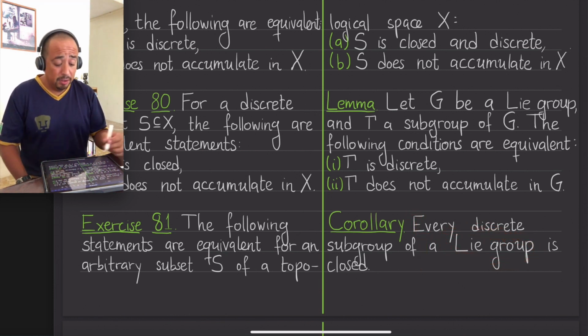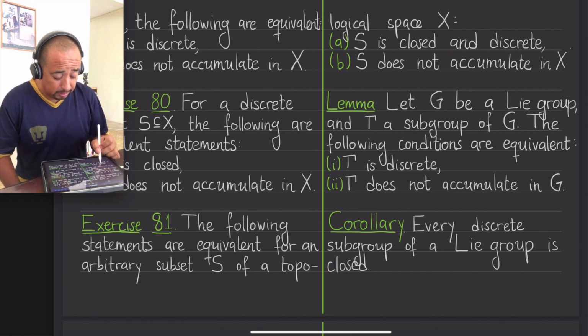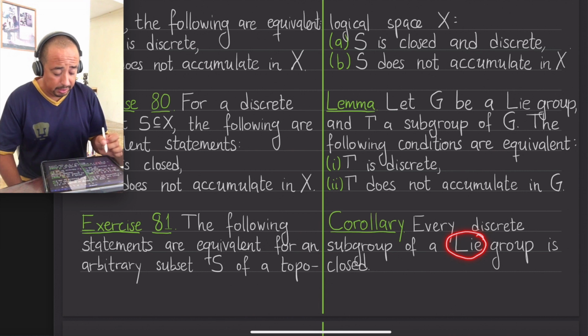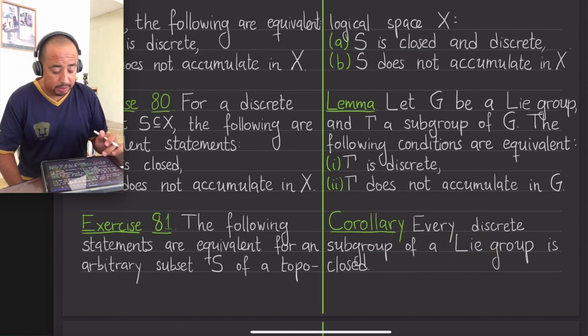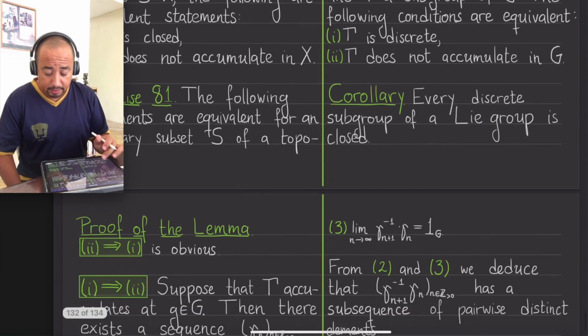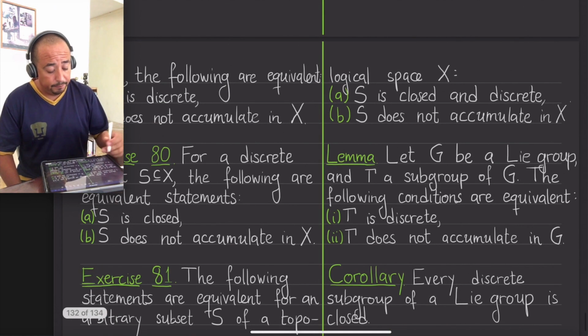If not, are there any weaker conditions than the group being a manifold that one can replace this with? I would say that's quite a challenging exercise. Anyway, let's prove the lemma.